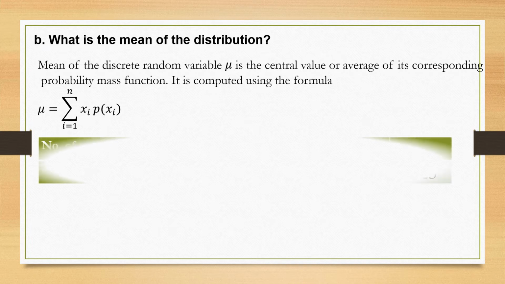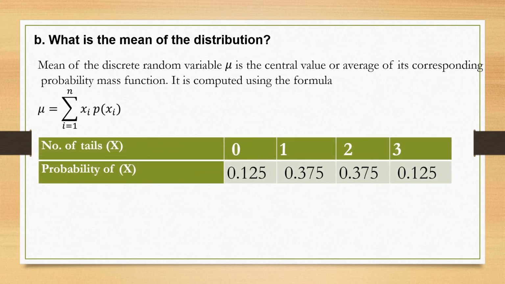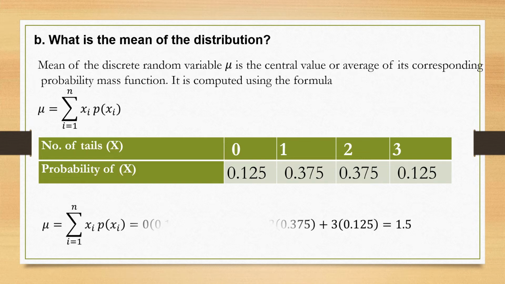Okay, next. Using that formula and this given probability mass function or table, we can now compute for our mean. So we have here, using that formula, 0 as our x sub i, multiplied by its corresponding probability, 0.125, plus the second outcome, which is 1, times its corresponding probability, 0.375.